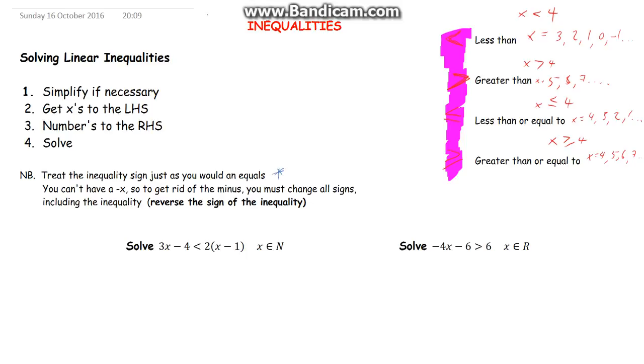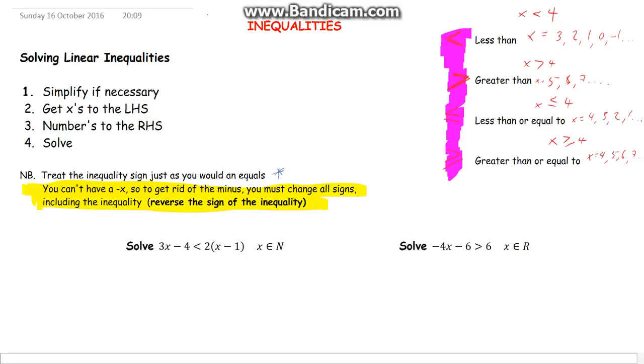Another thing you must be really aware of is that you can't have a negative x on an inequality, and we'll see an example of this in example 2. If you do, you have to change the signs, so your minus x will become x. If your inequality was less than, it would actually become greater than, and so on. But we'll do an example, which makes more sense, in a second.